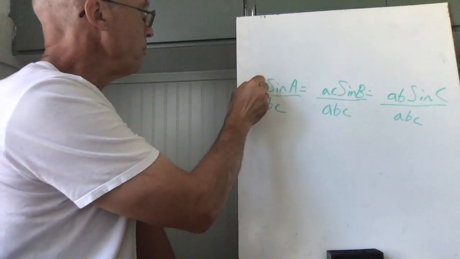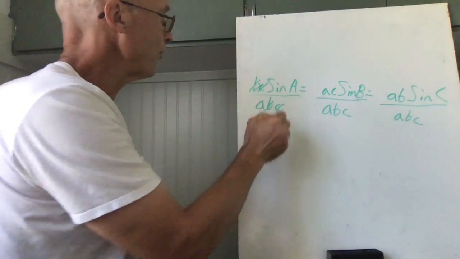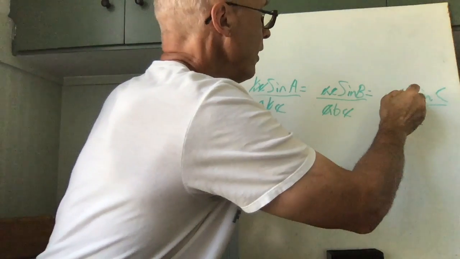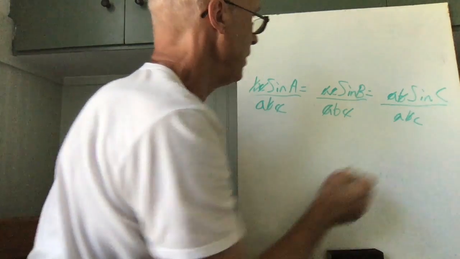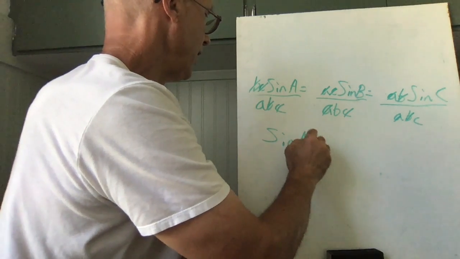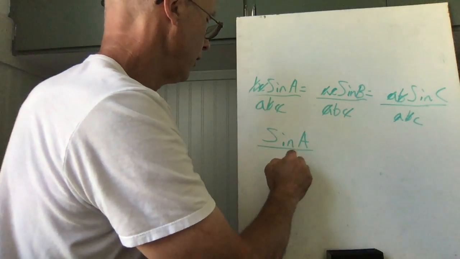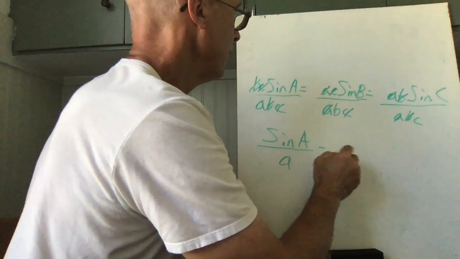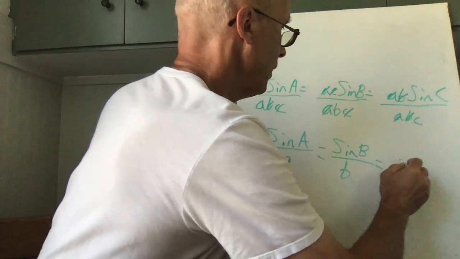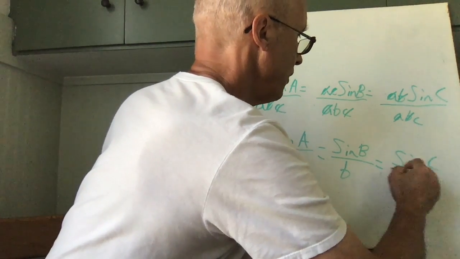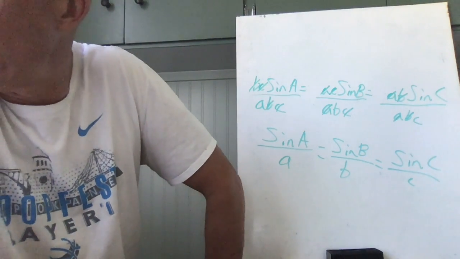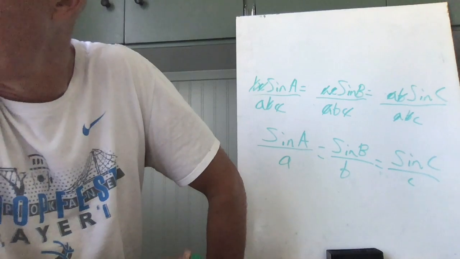So do you see B is going to cancel B, C is going to cancel C, A is going to cancel A, C is going to cancel C, A, B, and B. So you end up with the sine of A over a equals the sine of B over b equals the sine of C over c. There you have the law of sines, and that's on page 617.